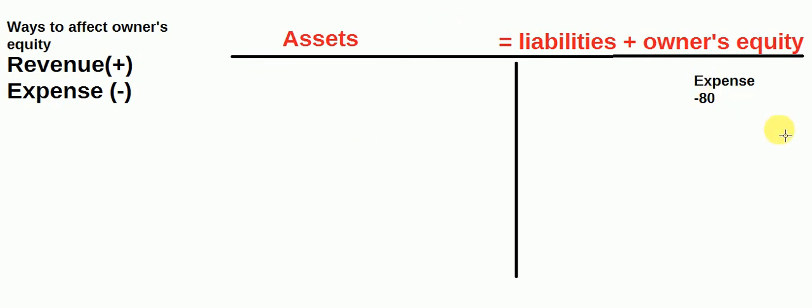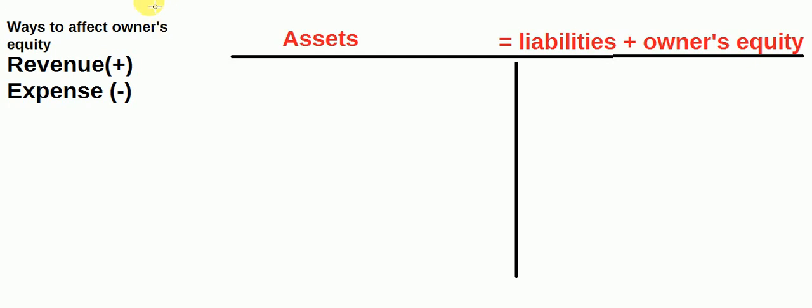Expense is not the only way to lower the owner's equity. You can also lower your owner's equity by withdrawal. Withdrawal is when the owner takes asset out of the business. Assets taken from the business for the owner's personal use are called withdrawals. Now let's read one transaction. January 16, the owner withdrew equity in the form of cash, $350.